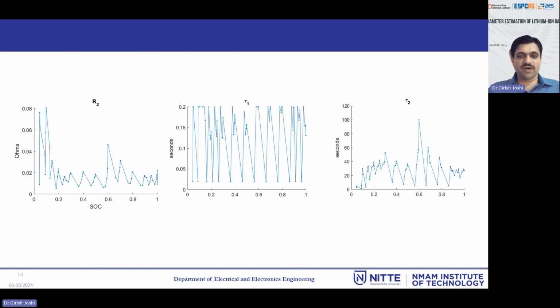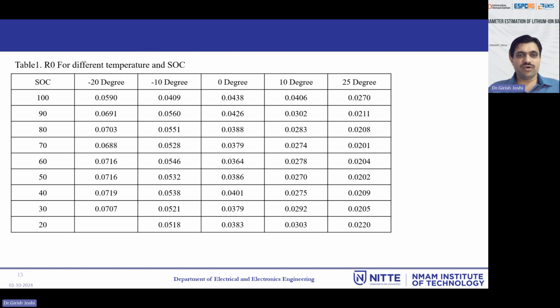Similar plots have been obtained for different temperatures like minus 20, minus 10, 0, 10 and 25 degrees Celsius, and the data have been obtained as shown in the table.